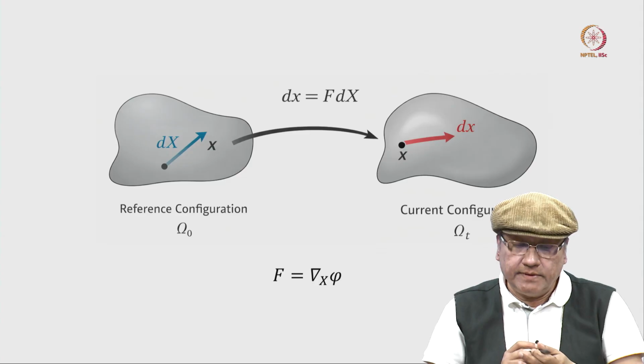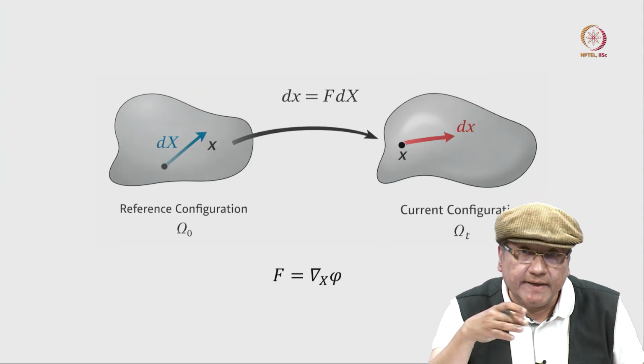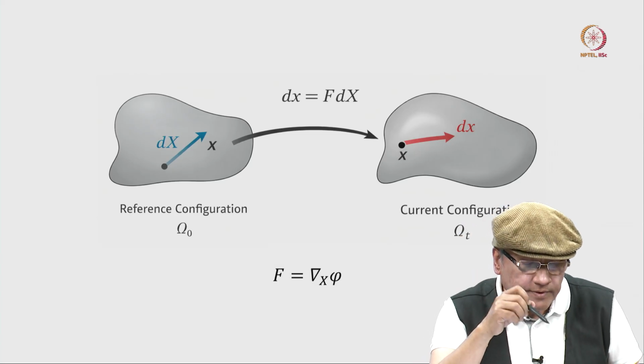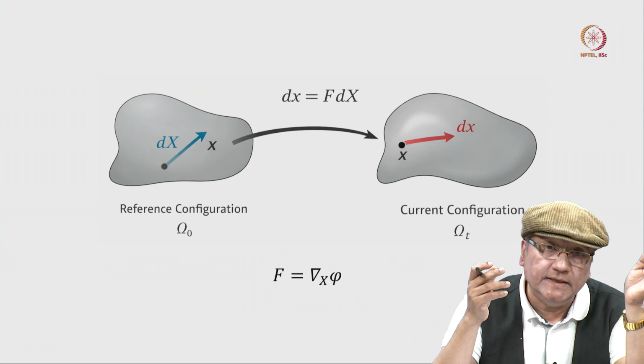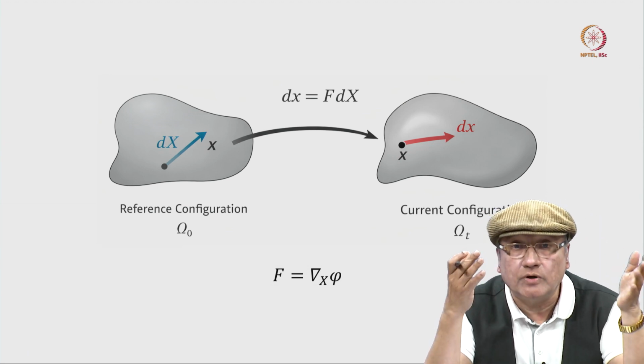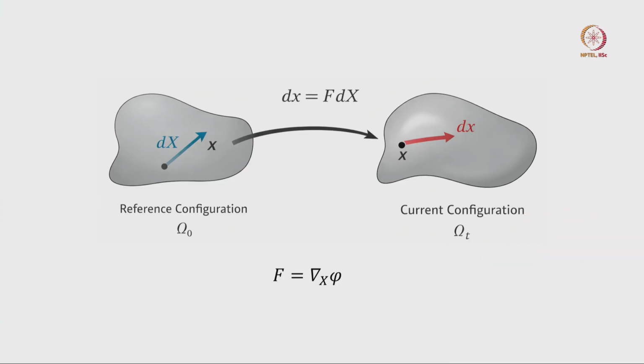Right. So now we were talking about the deformation gradient, this is just a recap of basics of continuum mechanics. So we were also talking of the tangent space about a point. So here is the dot which is in the reference configuration. This is that particular material point in the reference configuration.